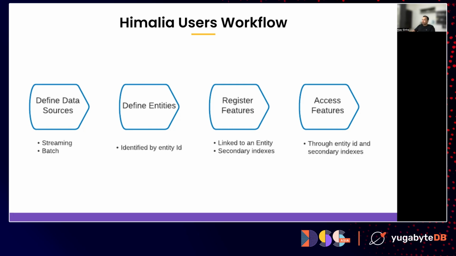You may or may not have secondary index keys at feature level. You also define the queries through which those features will be computed. Once we have defined all those things, the feature ingestion pipeline will kick in automatically, and data will start flowing into the feature store. So you can access those features through the entity ID, and if you use any secondary index keys, you can pass those keys also.